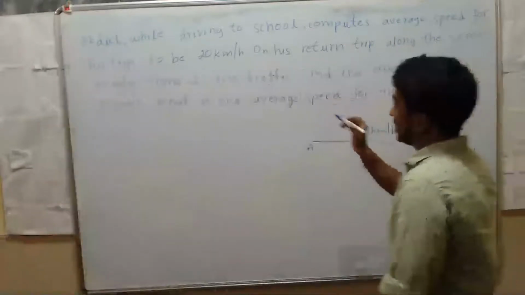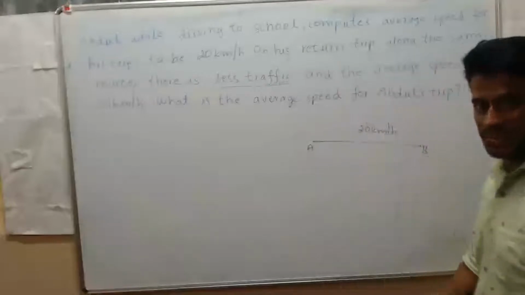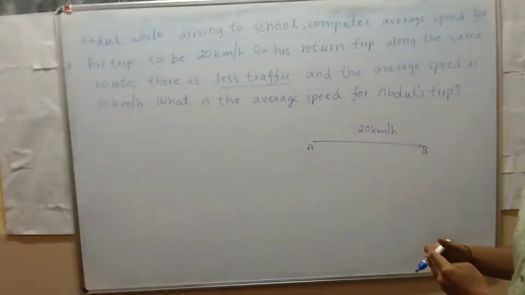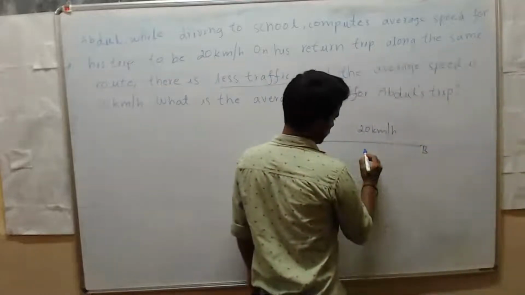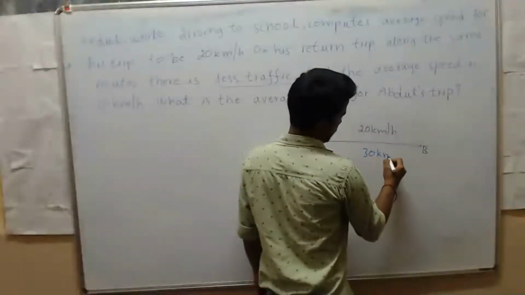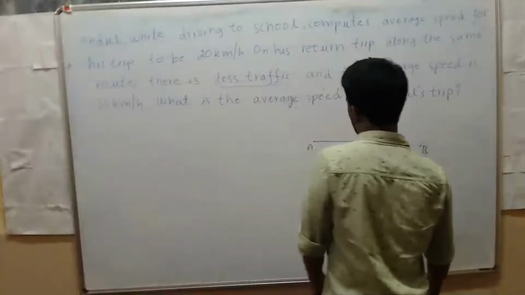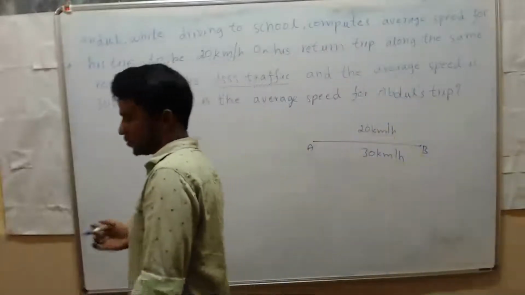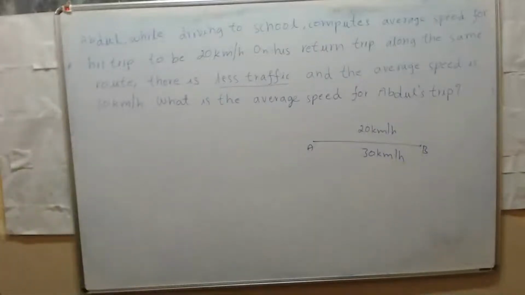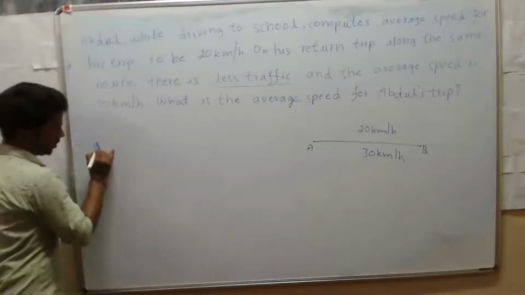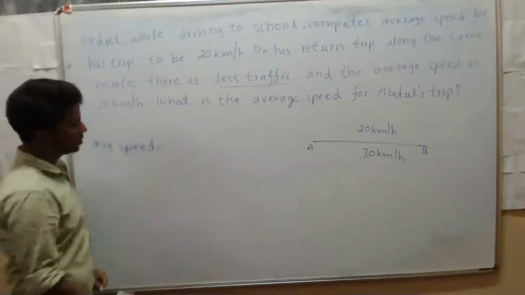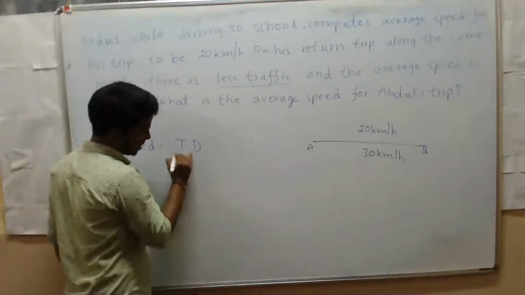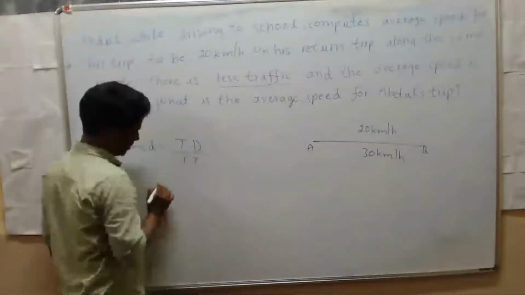Due to less traffic, he will change his speed, meaning he will increase his speed, say 30 kilometer per hour. So count what is the average speed for Abdul's trip. We know the formula: average speed is equal to total distance traveled divided by total time taken.